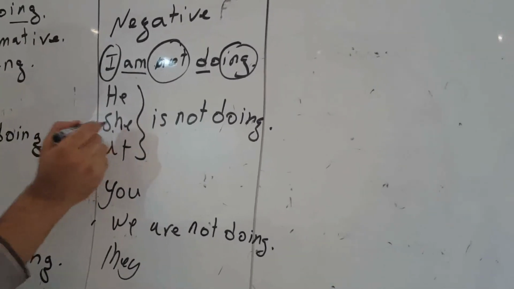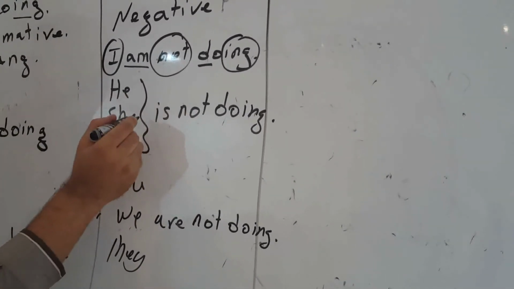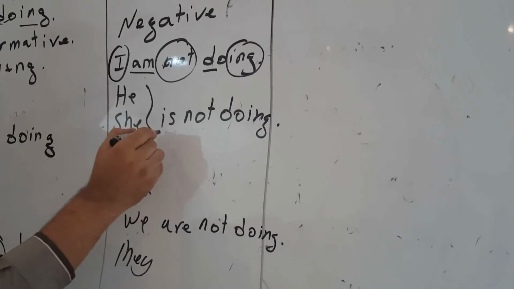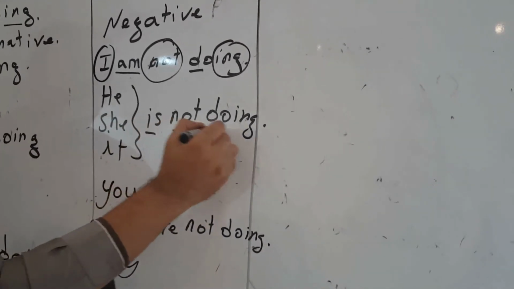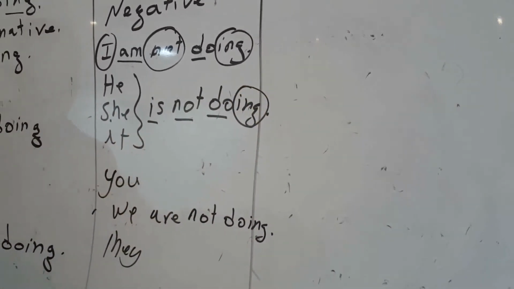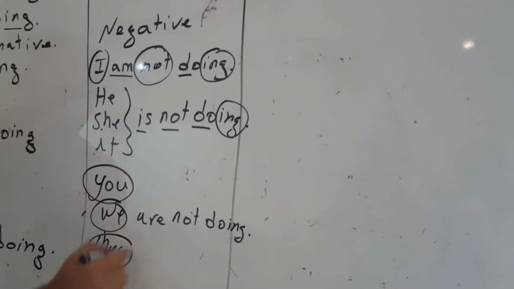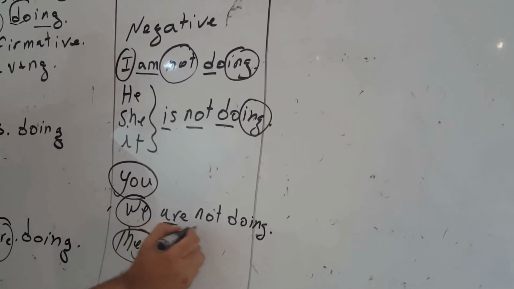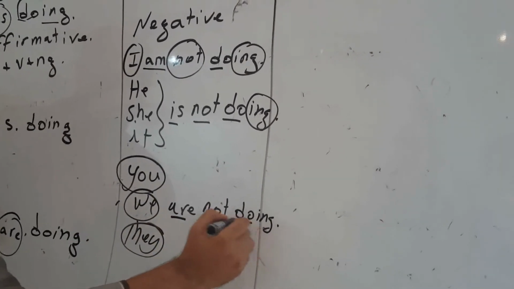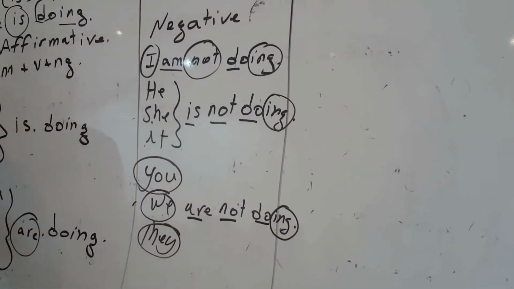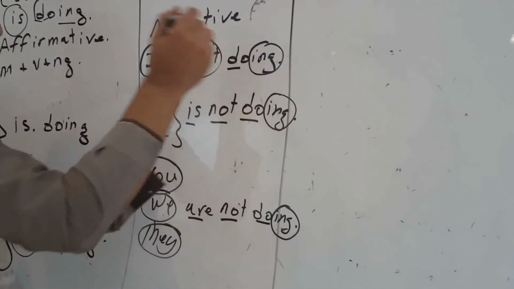As for he, she, and it, we only use the subject plus is, plus not, plus verb, plus ing form. As for the next three personal pronouns, we use are, plus not, plus the verb to do, plus ing form. As I said earlier, the verb to do represents every verb.